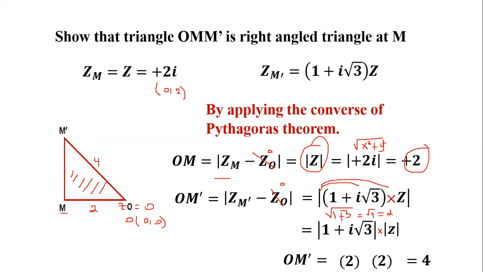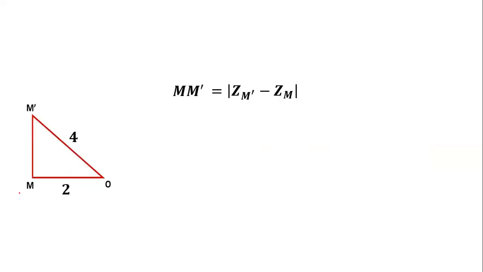Well, in order to show that the triangle OM prime is right by applying the converse of Pythagoras theorem, I need to find the length of MM prime as a final step. How to determine MM prime? I am going to apply the following rule of modulus.